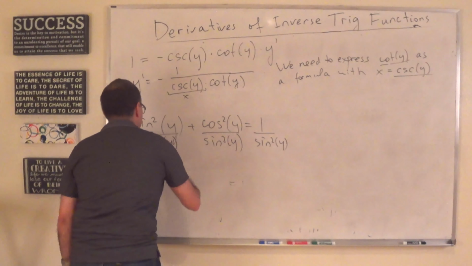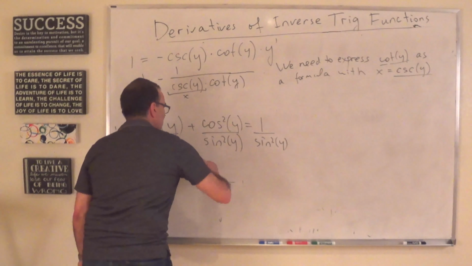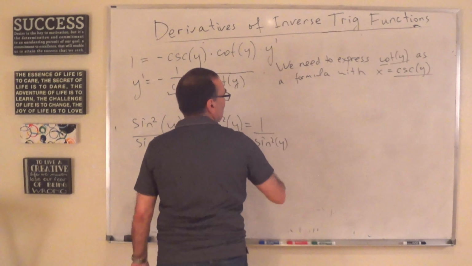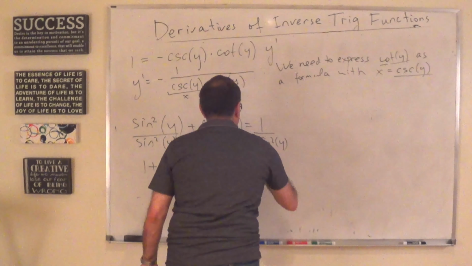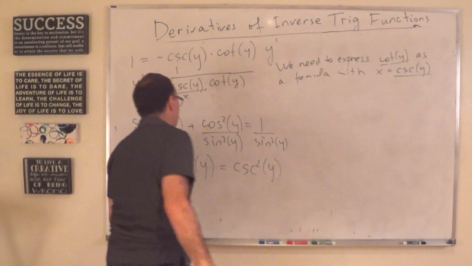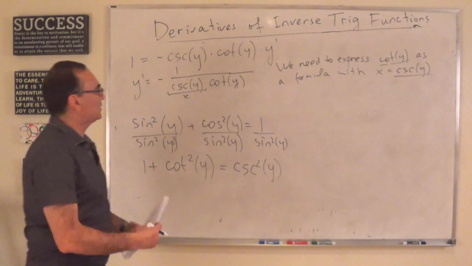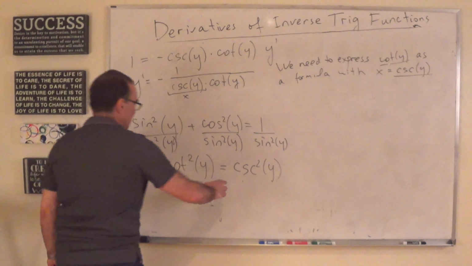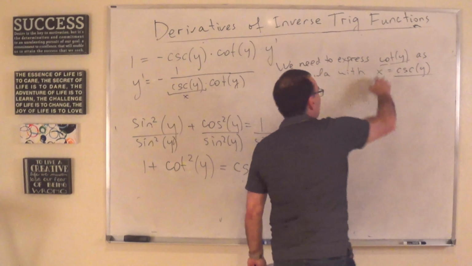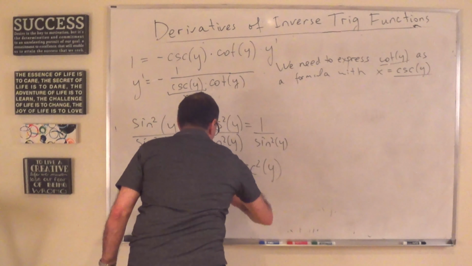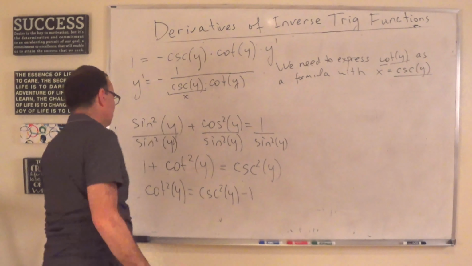Cosine squared over sine squared is cotangent squared of y equals, and 1 over sine squared is cosecant squared of y. So we got 1 plus cotangent squared equals cosecant squared. So this is precisely what we actually need to express cotangent. So from here we can isolate cotangent. Cotangent squared of y equals cosecant squared of y minus 1.